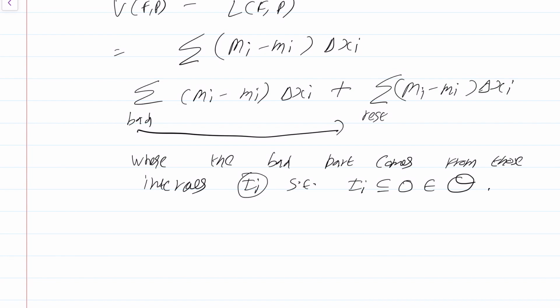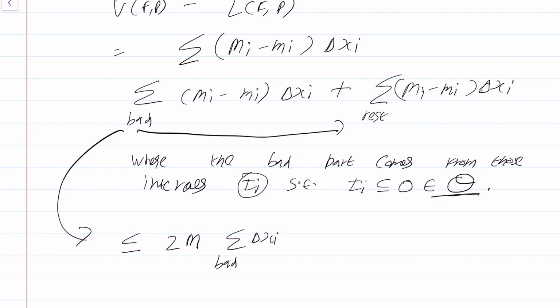Excellent. Now, how does this help? Well, think about it for a second. We already know that the sum of all the intervals of this fancy O is less than epsilon by 2m. Now you might understand why we put epsilon by 2m. Look at this first term. This first term is certainly going to be less than or equal to 2m times the summation over bad of delta x_i. Where did I get 2m from?